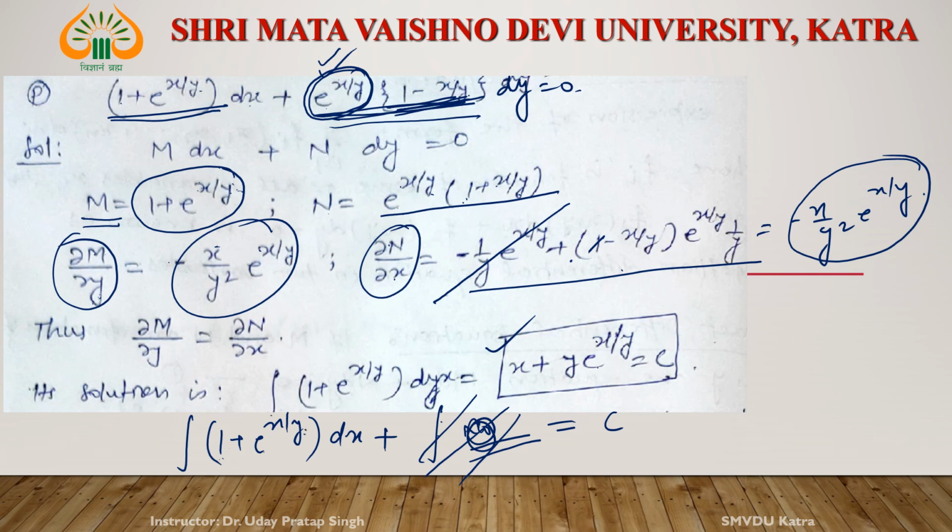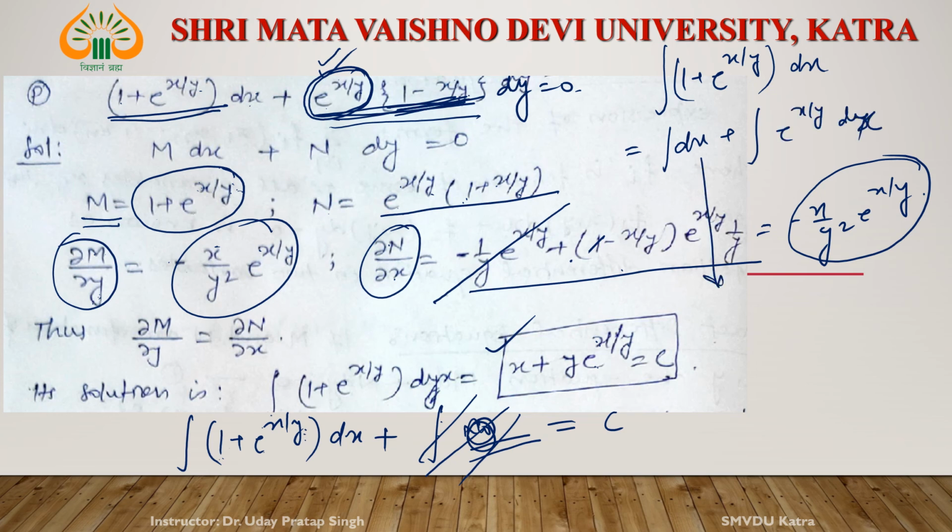Integrate this: x plus e to the power x by y divided by 1 by y equals constant. So this becomes this, and this is the solution of this exact differential equation.